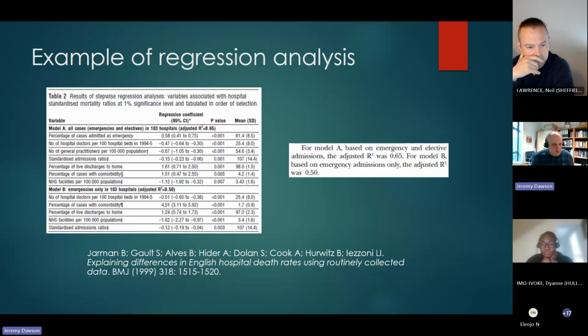And although I might have described that a moment ago in a way which suggests some kind of causality there, and of course it's entirely plausible that this would be a causal relationship, at least in part, we can't say that for certain just from a regression equation because it's observational data. We haven't done an experimental study where we change the number of hospital doctors per 100 beds in one group and not in another.